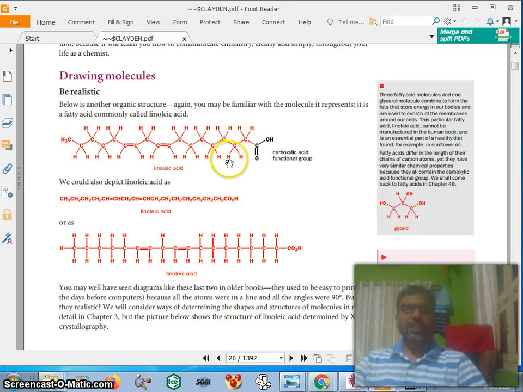Now drawing molecules. So be realistic. You see, this is the functional group carboxylic acid. The compound name is linoleic acid. How this double bond is arranged, and then you see the carbon arrangements.